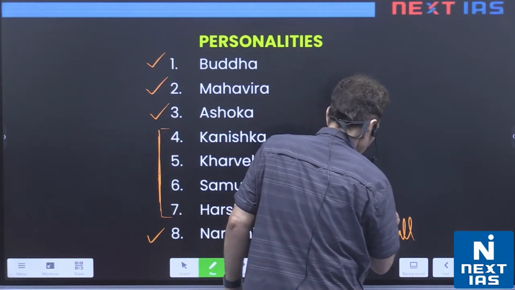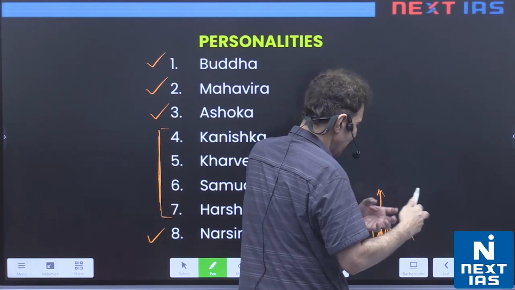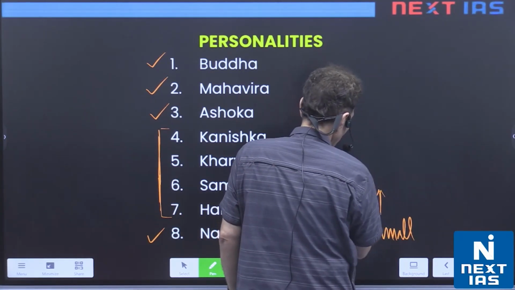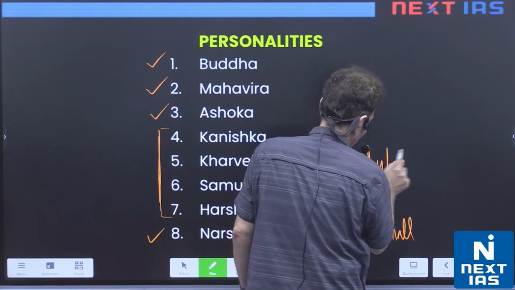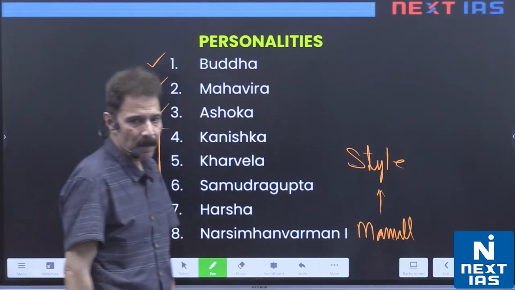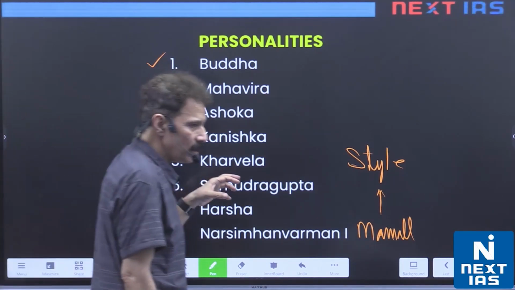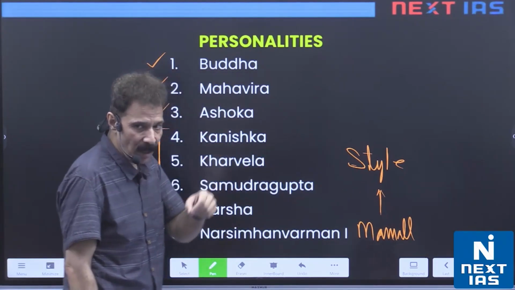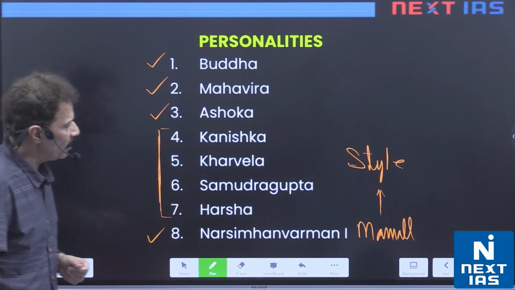On the basis of this title, we use an expression that represents a style, the Mamalla style. The Mamalla style is in fact the style of temple architecture and sculpture.